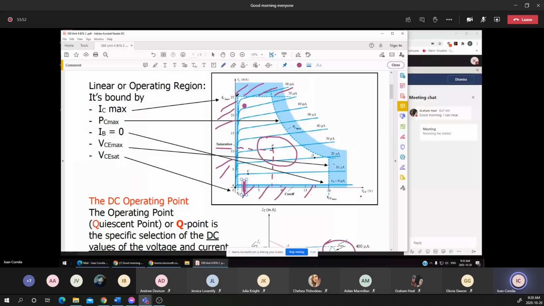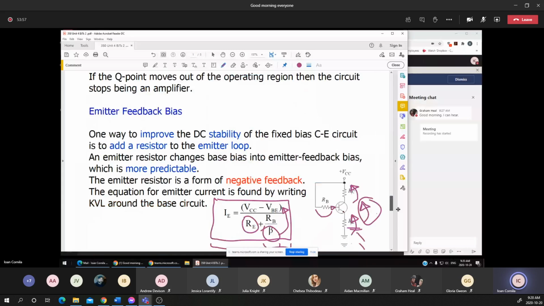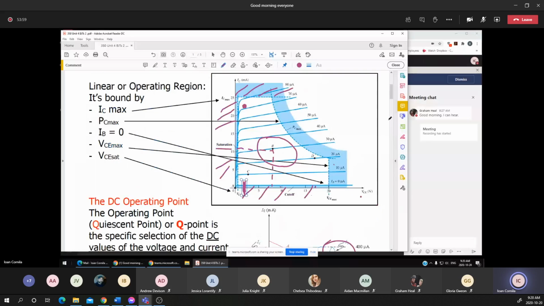That's why sometimes the question asks you to determine whether you're closer to saturation, closer to cutoff, in the mid region, or in the saturation or cutoff region.